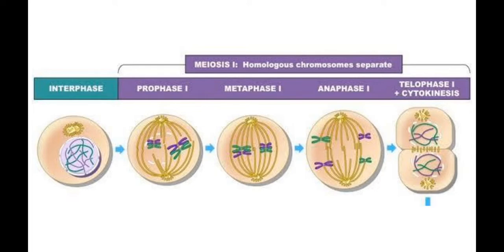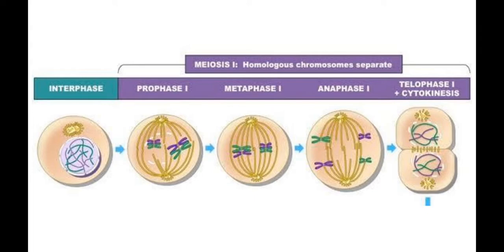Then in metaphase 1, all these tetrads group together, and these microtubules pull these X-shaped chromosomes to opposite sides of the cell, and then these chromosomes go into chromatin fibers, and around these chromatin fibers an envelope of the nucleus appears.